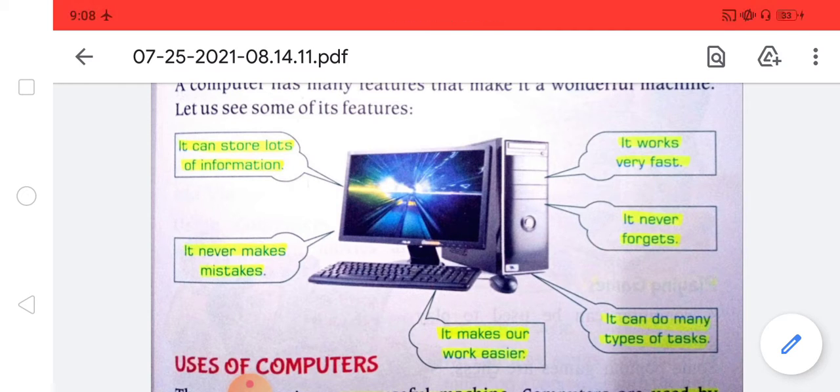In the fourth one, it can do many types of tasks like calculation, drawing, etc. It never forgets. Just like a human, the human is always forgetting many things, but the computer never forgets. And the last one, it is very fast.